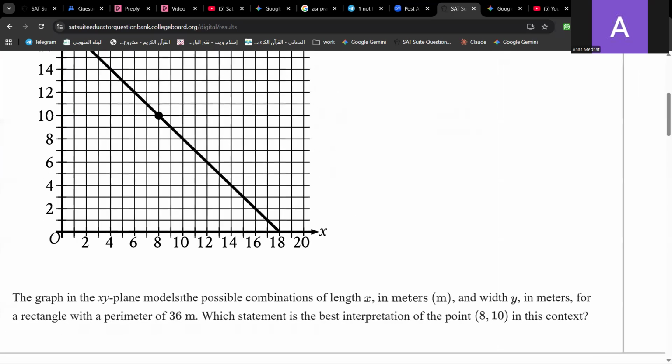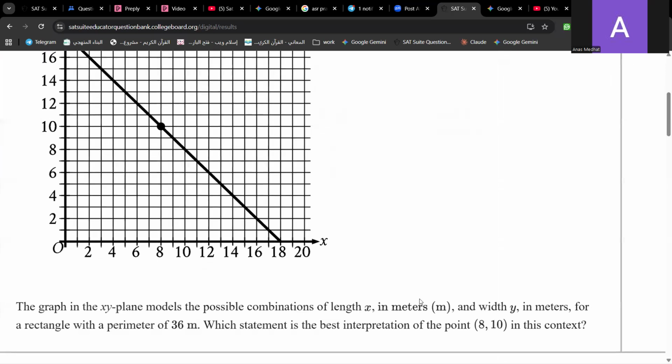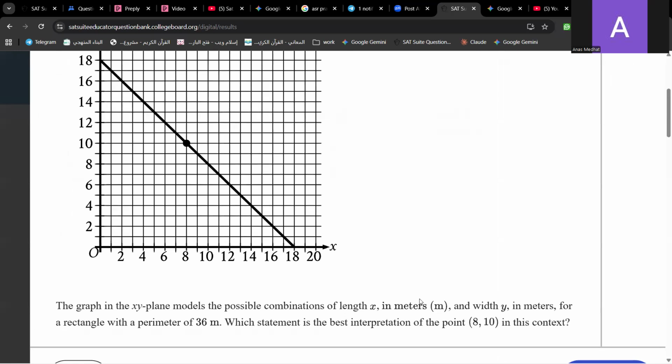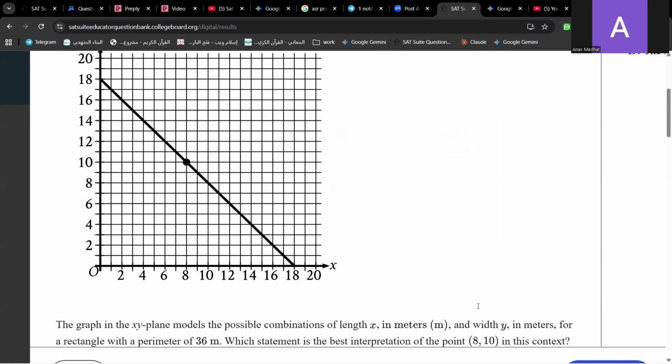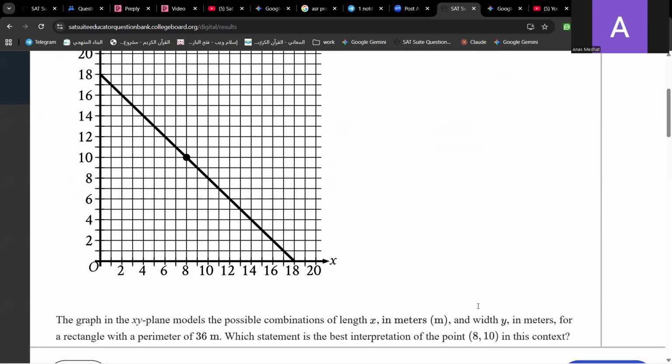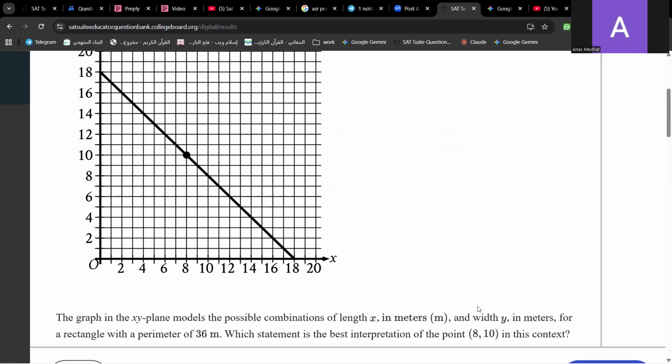Okay, the graph in the xy plane models the possible combinations of length x in meters and width y in meters for a rectangle with a perimeter of 36 meters. Which statement is the best interpretation of the point 8, 10 in this context?